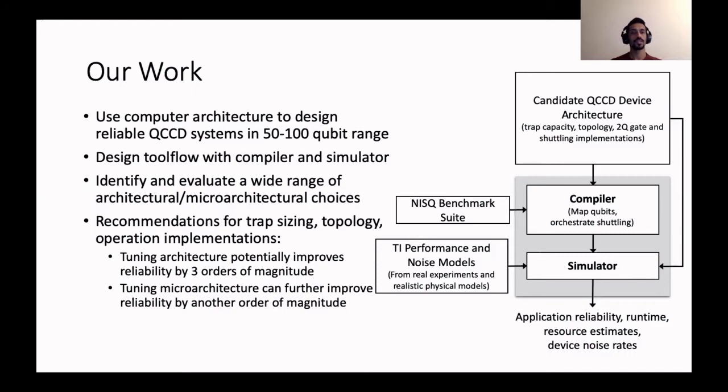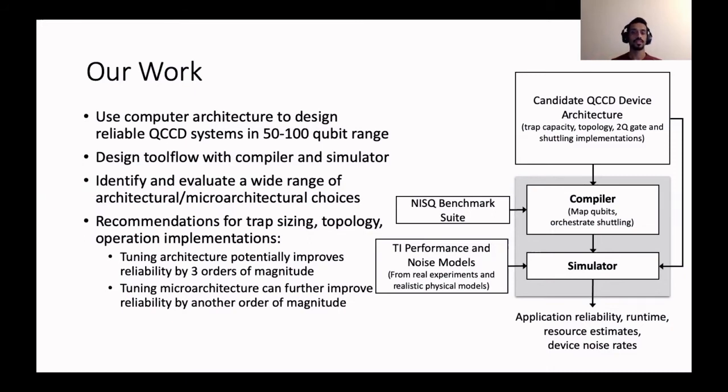So to do this, we built a design tool flow which has a compiler and a simulator. And we identify and evaluate a wide range of microarchitectural and architectural choices. And from this evaluation, we make recommendations for trap sizing, for device topology, and for operational implementations.